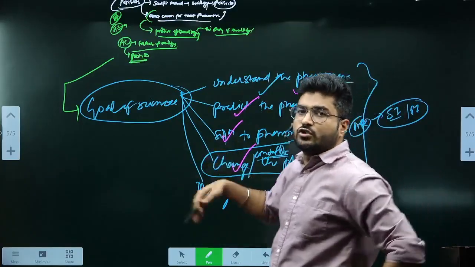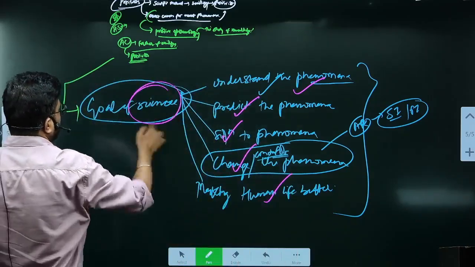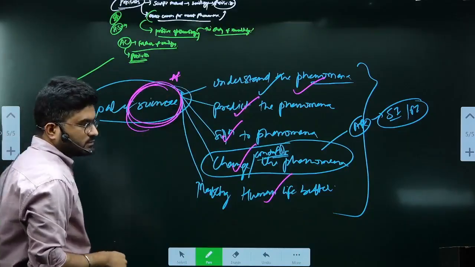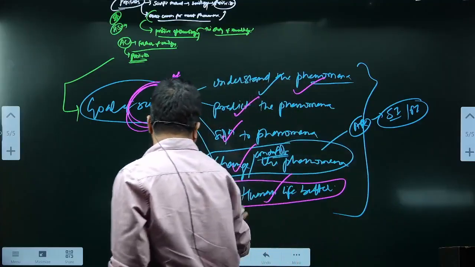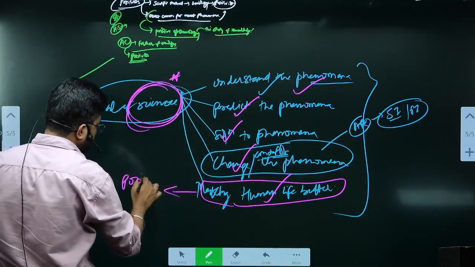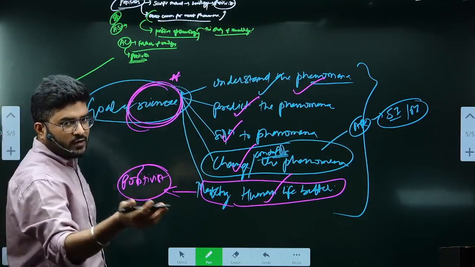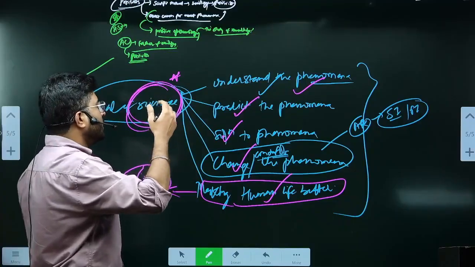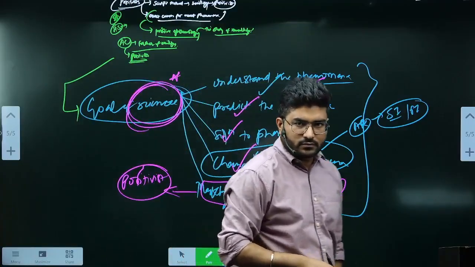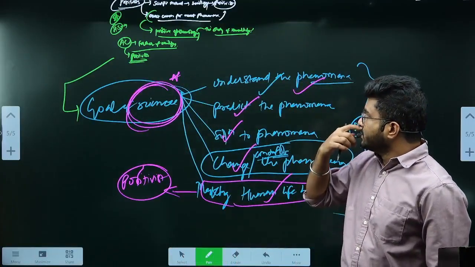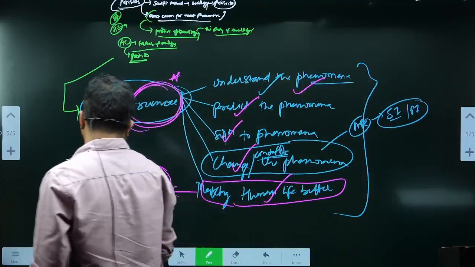So social sciences should also look for that, and for that we need an approach similar to science. If it is making life better, that means it is positive for society and for humans, and hence social sciences, especially sociology, want to make life easier for society. That is the reason we call this the positivist school of thought. So this is what the goal of science and the goal of the positivist school of thought is all about.